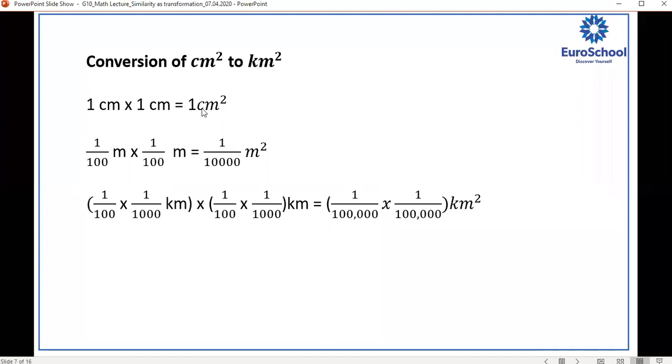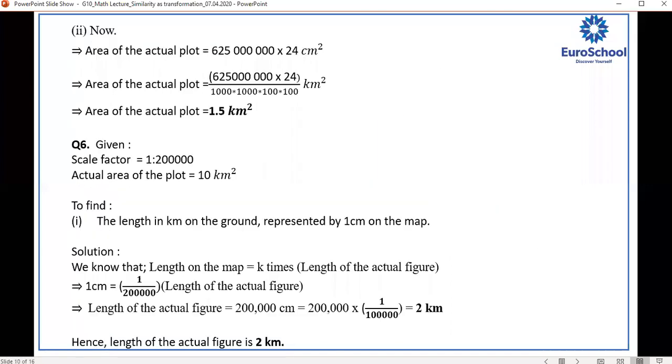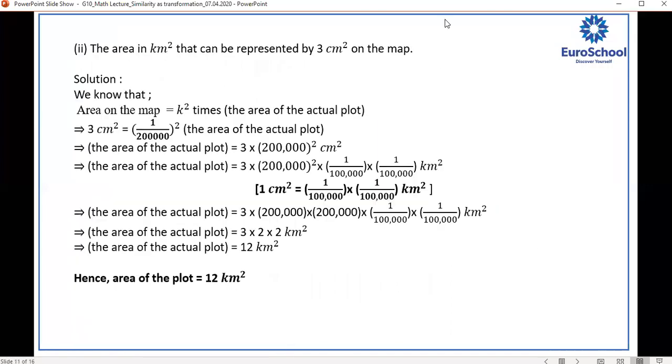Do you remember this? 1 centimeter square is 1 upon 1 lakh into 1 upon 1 lakh kilometer square. This we are going to use when we have to calculate the area of the actual plot, when we have to convert it from centimeter to kilometer. So in this question, we have converted the centimeter square into 1 upon 1 lakh into 1 upon 1 lakh kilometer square.